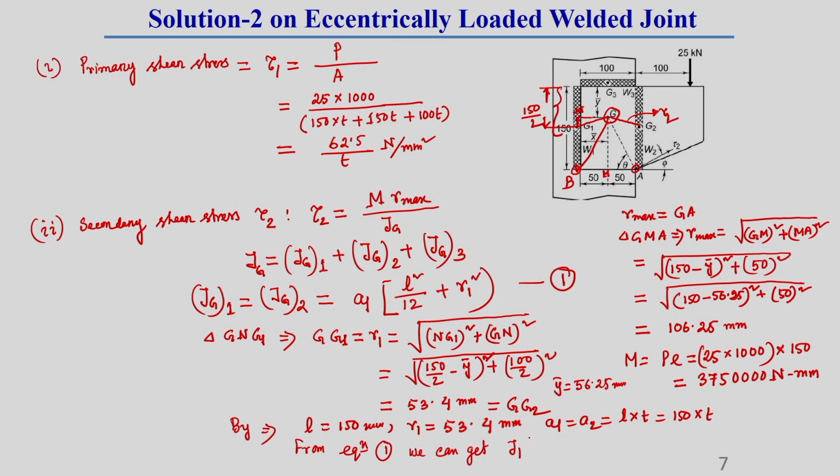JG of weld 1 equal to JG of weld 2 will be equal to, directly I am putting these things by equation 1, whatever the magnitude we are getting, directly I am showing this, we are getting the value of JG1 and JG2 equal to 708,984 T millimeter to the power 4.